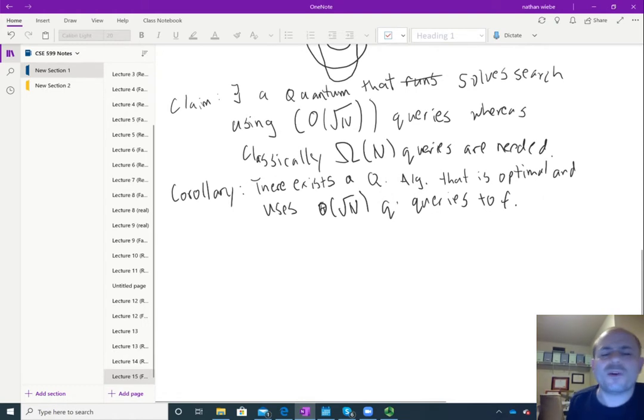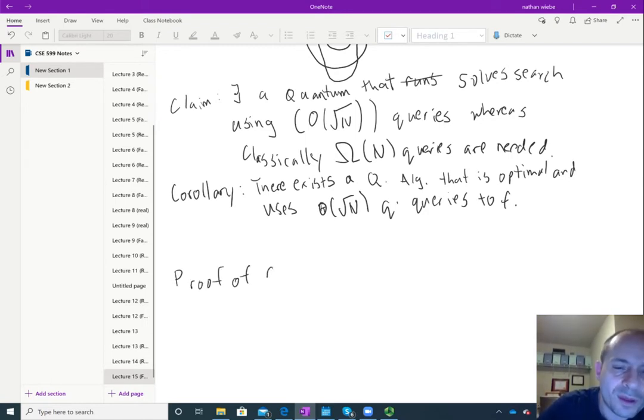Again, the proof that this algorithm is essentially optimal is going to have to wait until we can spend some time looking at the polynomial method in a couple of lectures. But showing the square root N speedup is actually relatively straightforward, and it can be reasoned out strictly using geometric arguments. So, proof of claim.